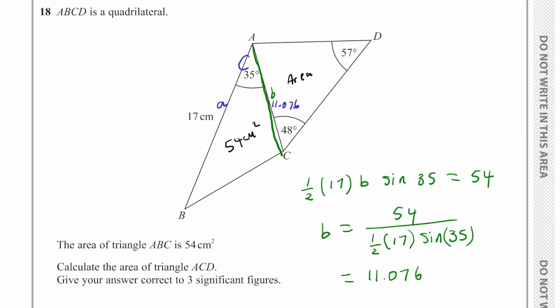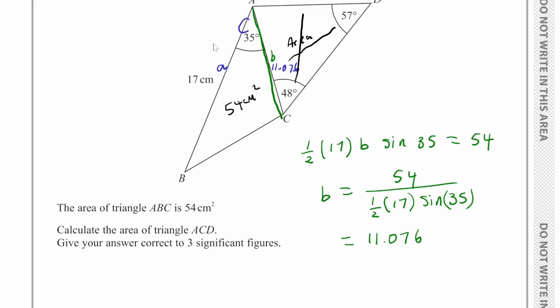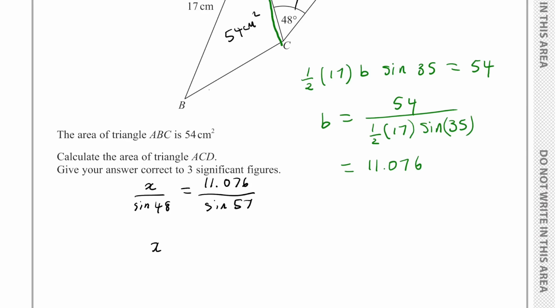We are going to need to find another length. So we're going to use opposites. Let's find this length up here. I'll call it x. So sine rule, when we've got opposites, we're using the sine rule. So it's going to be x over sine 48 is equal to 11.076, our last answer, over sine 57. To get x by itself, I'm going to times by sine 48.